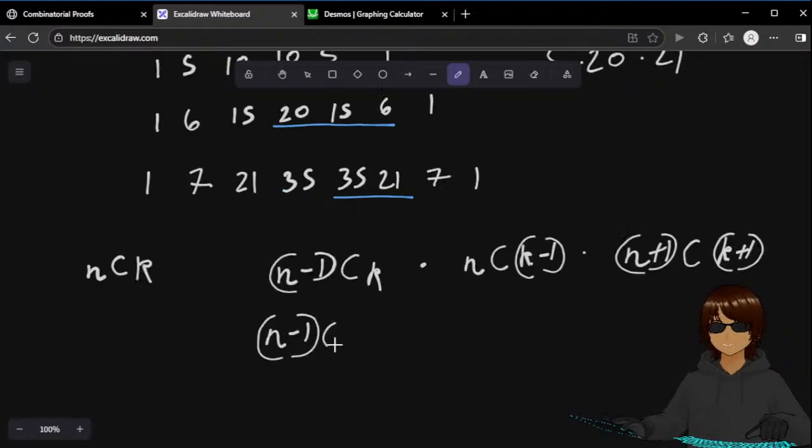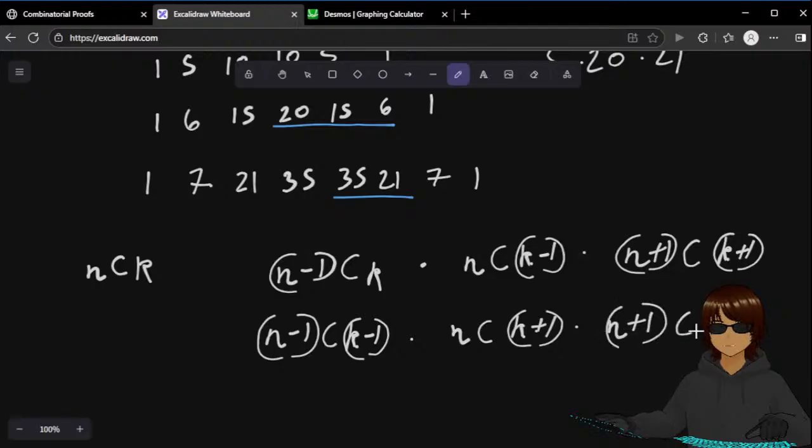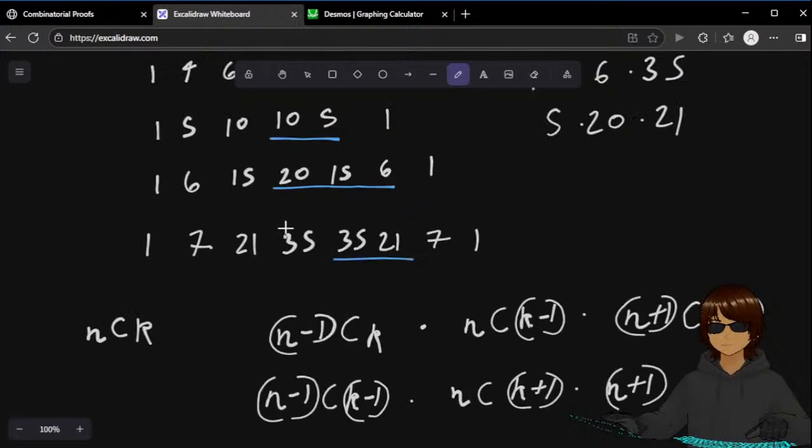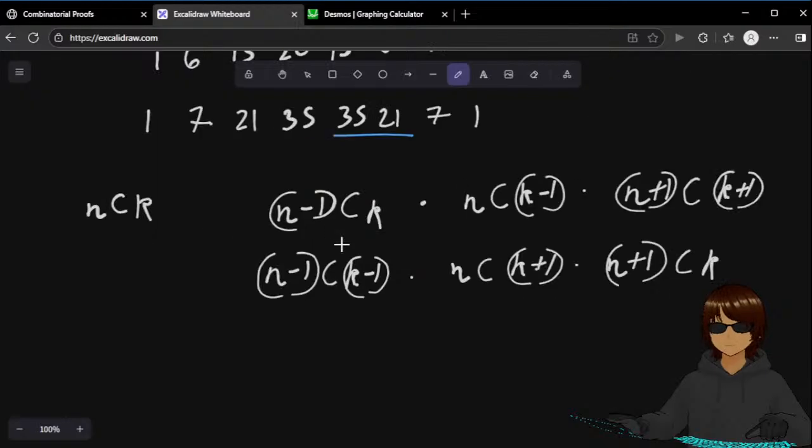So what they're saying, this should be equal to this: n plus 1 choose k. It should be equal to this times this times this, right?